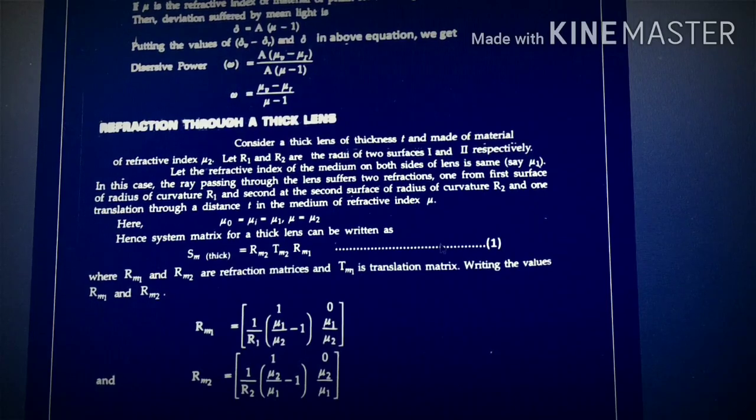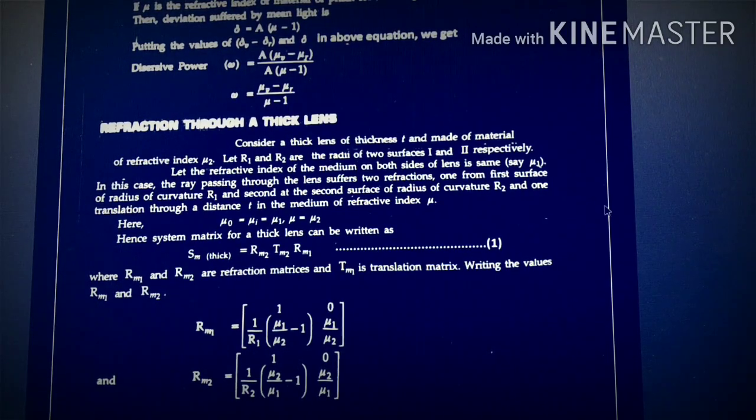If the radius of curvature is R1 for the first surface and R2 for the second surface, then there is one translation through a distance d in the medium of refractive index mu. Here we consider mu 0 equal to mu 1, so mu equals mu 2.